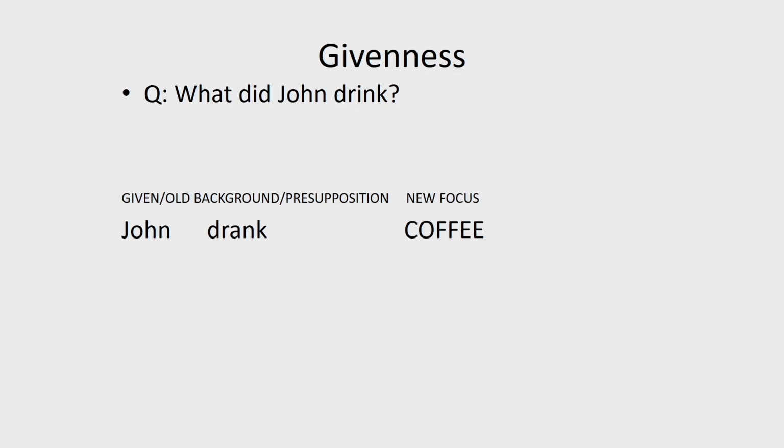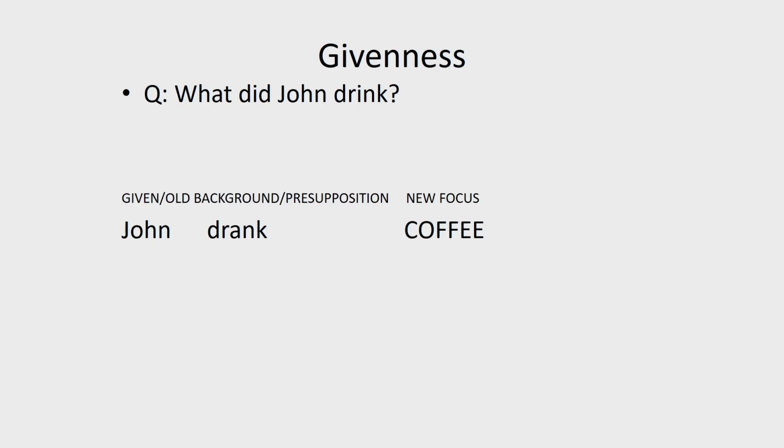Suppose, just to give you an example of givenness, what did John drink? John drank coffee. So in information structure, this would be your new information, which will give you a focus. And then this is given or old information and background, or presupposition as it is called in information structure.